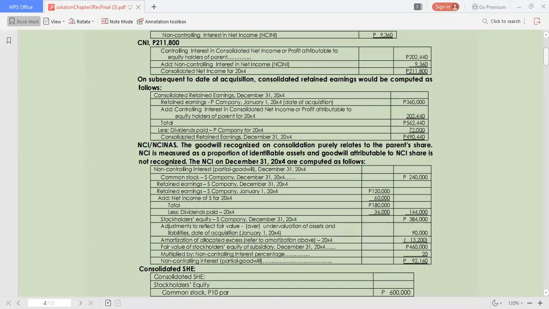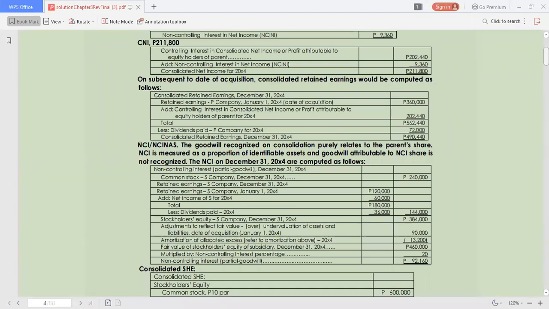Okay, the common stock of S will be the one which will be eliminated. Then we have the retained earnings in January 1, 20x4. We add the net income and we deduct dividends. So the amount of 144,000 stockholders equity. Actually, 144,000 is given in the balances for 20x5.